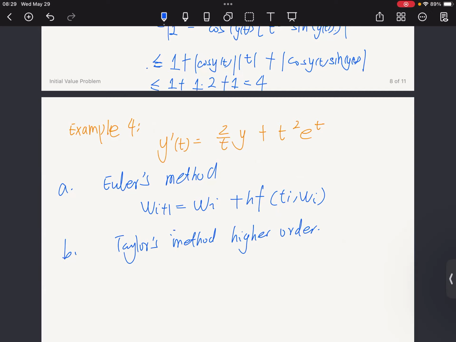The updating rule should be w_{i+1} equals w_i plus h times something similar to the Taylor expansion here. Let's say we just have order 2 here, and we have h over 2 times the first derivative of f at (t_i, w_i).